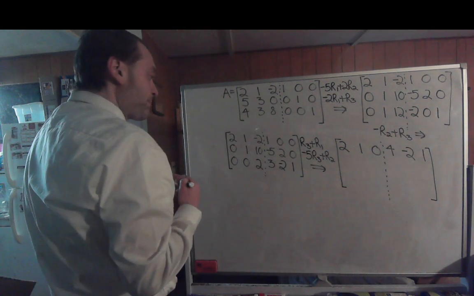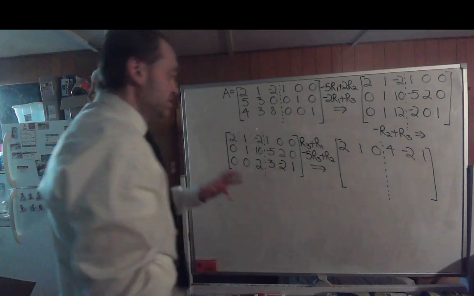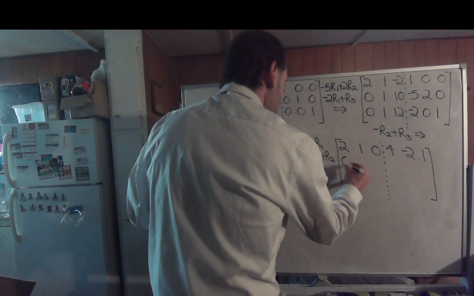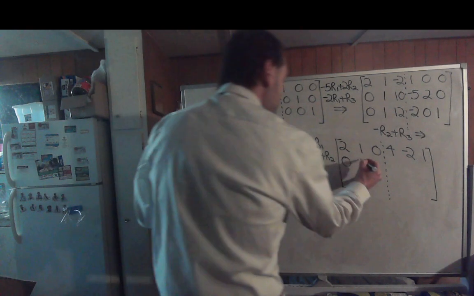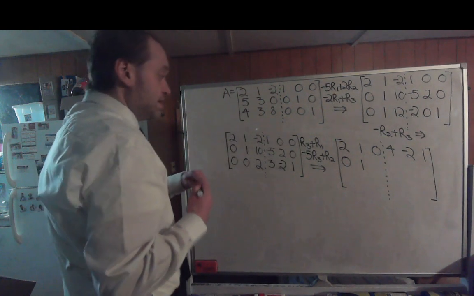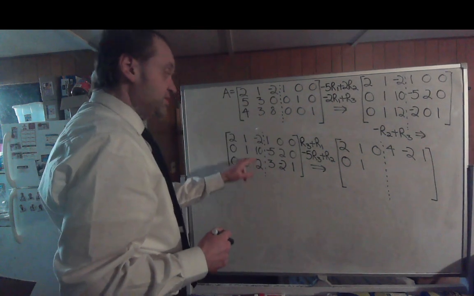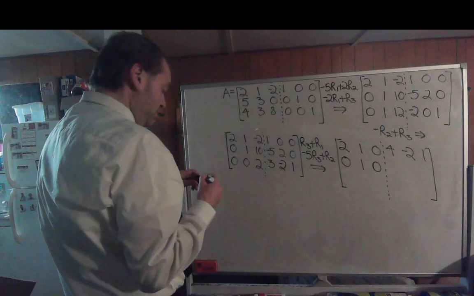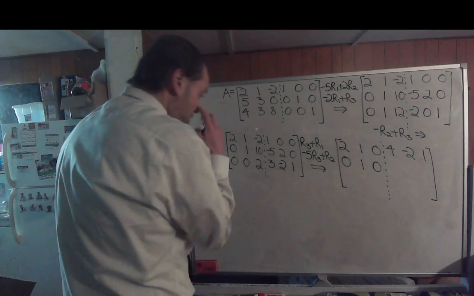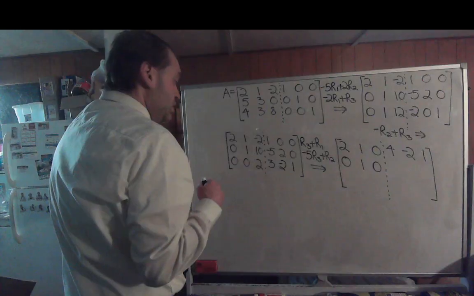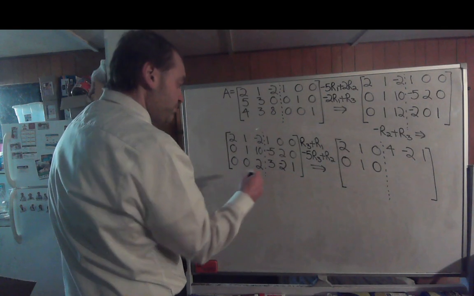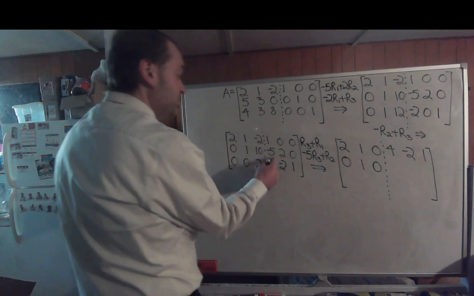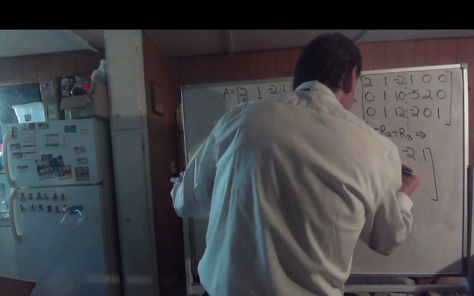Alright. And then let's see, now we're dealing between rows 3 and 2. 0 plus 0 is still 0. 0 plus 1 is still 1. Negative 5 times 2 is negative 10, plus 10 is 0. And then we have negative 5 times 3 is negative 15, minus 5 is negative 20.